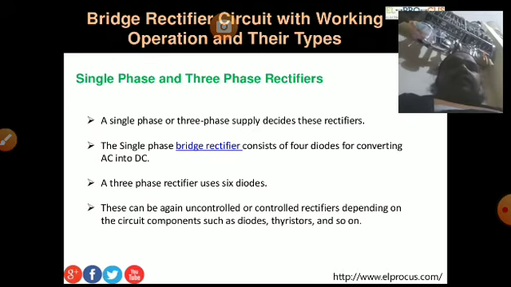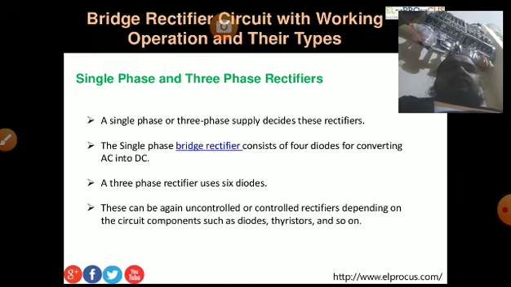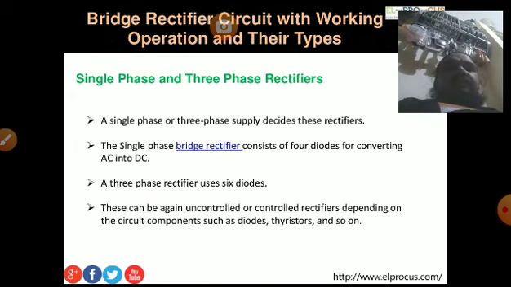A single phase or three phase supply decides the rectifier. The single phase bridge rectifier consists of four diodes to convert AC into DC. A three phase rectifier uses six diodes.